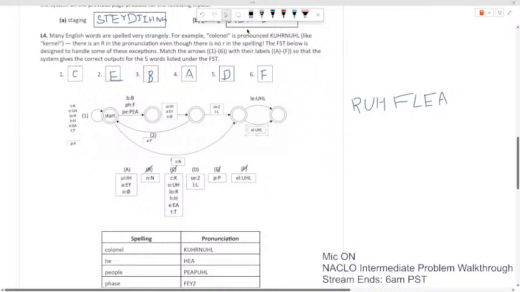Okay, let's go. R, oh my, R is L-O. O is O. F is PH.